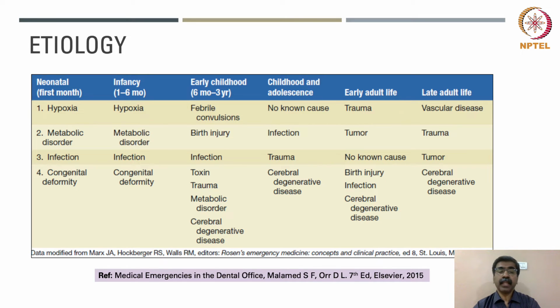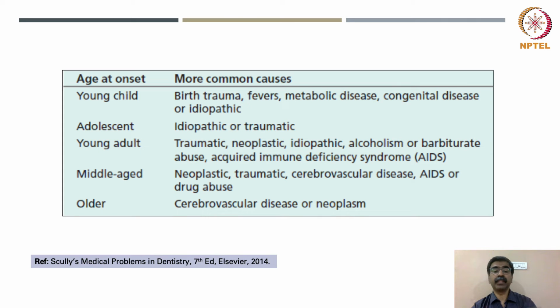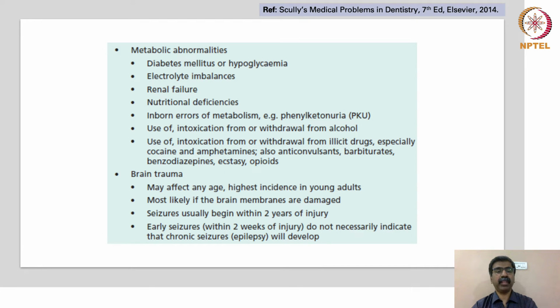And if it happens during late adult life, it can be due to a vascular disease, trauma, or tumor, or again, a cerebral degenerative disease. And we have already covered this in the previous slide: age of onset, young adult, adolescence, again young adult, middle age, or older.